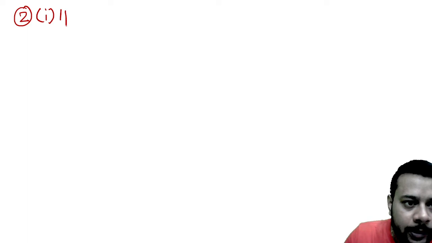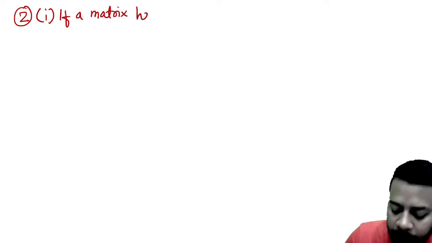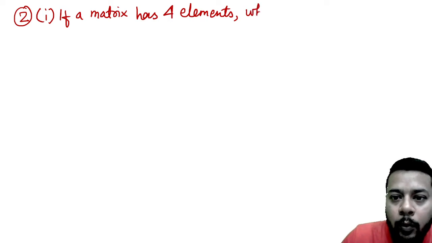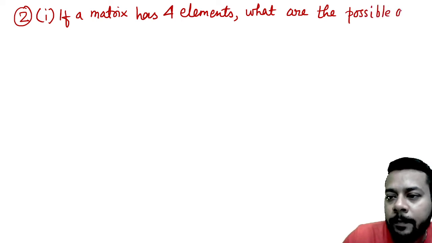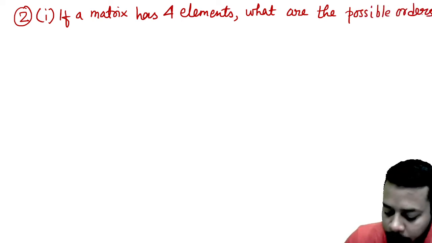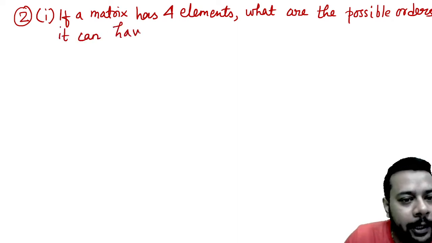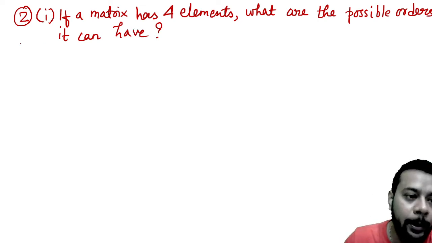Here the question is, if a matrix has 4 elements, what are the possible orders it can have? So see how to do such type of questions with a wonderful trick. Let's see, what will be the answer to this question?